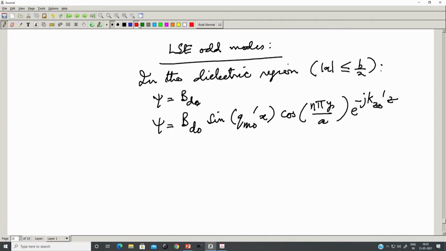So, this is the odd mode. So, we have the sine here, this is the odd, and these two terms we have already encountered.